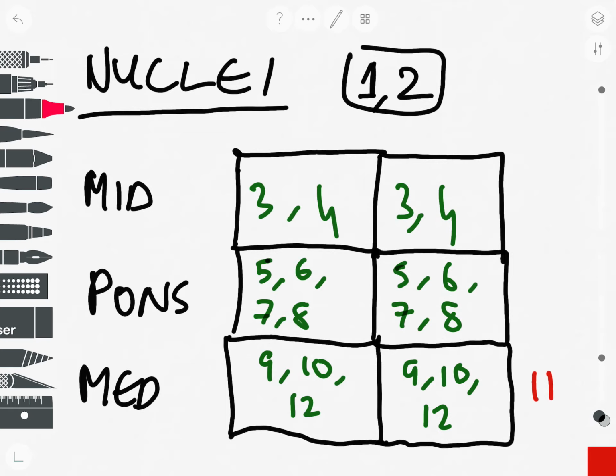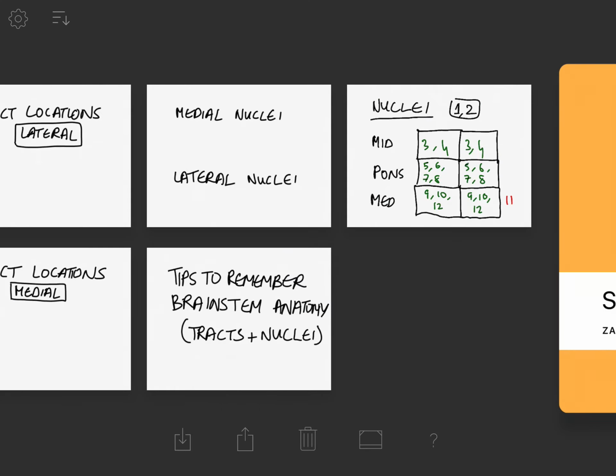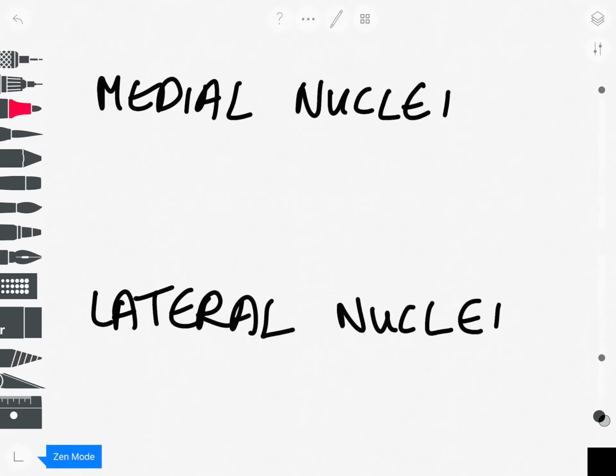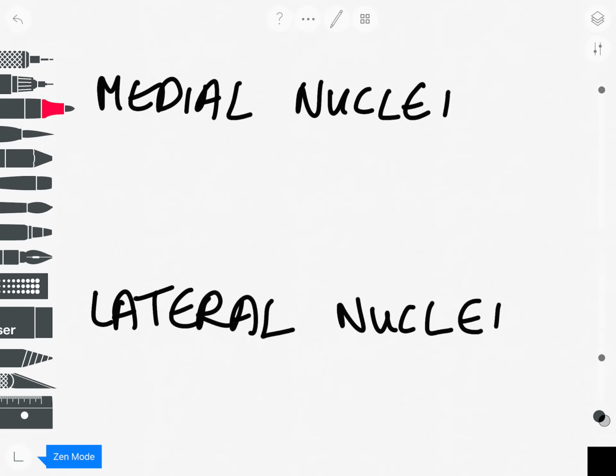I normally like to work my way up from the medulla, but if remembering something else helps you better, then go for it. Next, we have the medial and lateral nuclei. By medial nuclei and lateral nuclei, what I mean is, if I were to draw a portion of the brainstem there, you have the pons in the middle, the midbrain on top, and the medulla on the bottom.